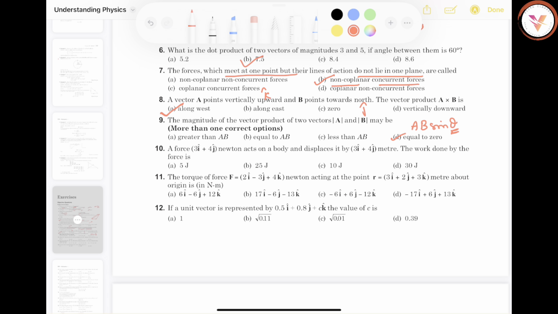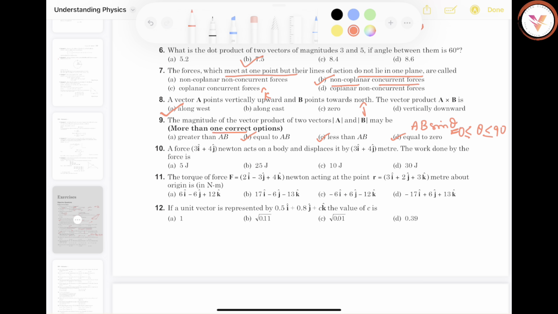If it is 90 degree, it is equal to AB, and if it is in between 0 to 90 degree, then it is less than AB. So theta lies between 0 to 90 degree. So it lies between 0 to less than AB to equal to AB. Okay. Because they have asked more than one option.